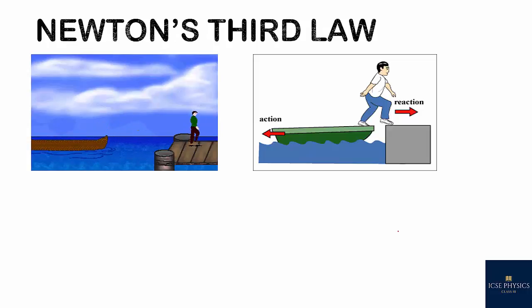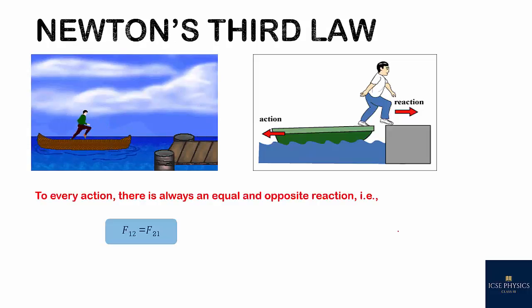This gives us Newton's third law, which states that to every action there is always an equal and opposite reaction. But one thing that should be noted here is that both action and reaction always act on different bodies. Though they are equal and opposite forces and have the same magnitude, they always act on different bodies.